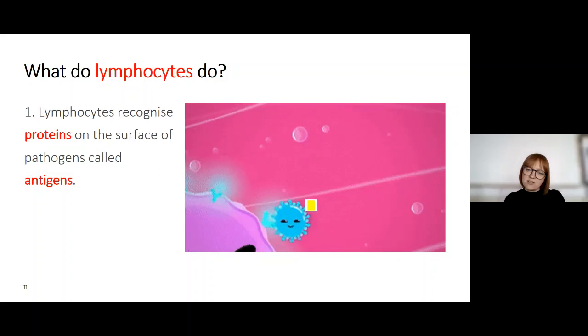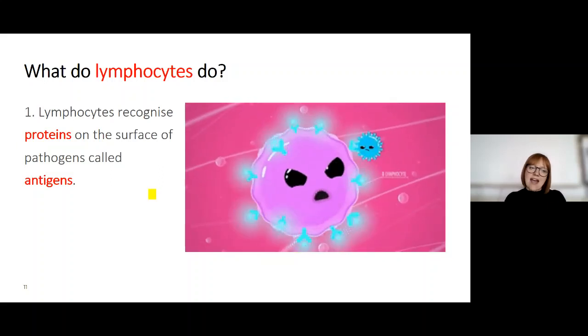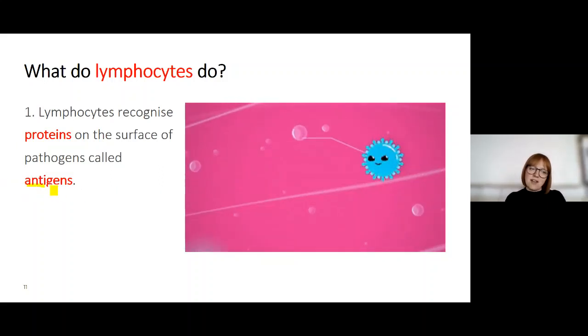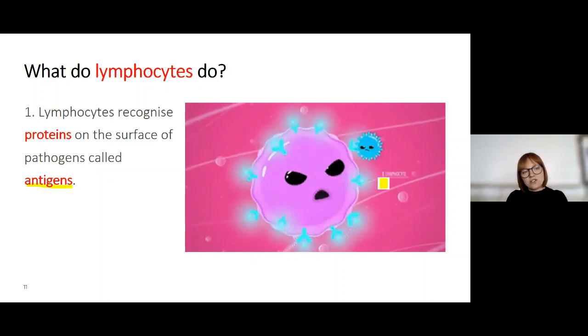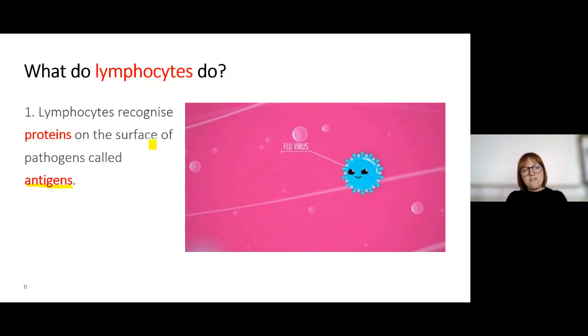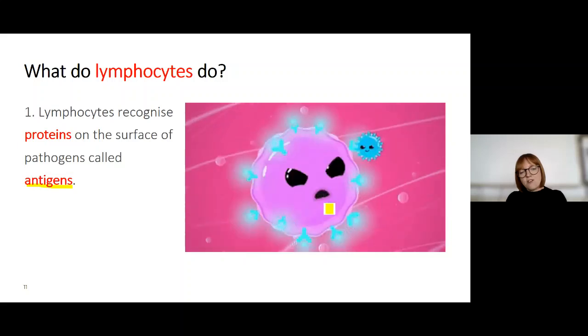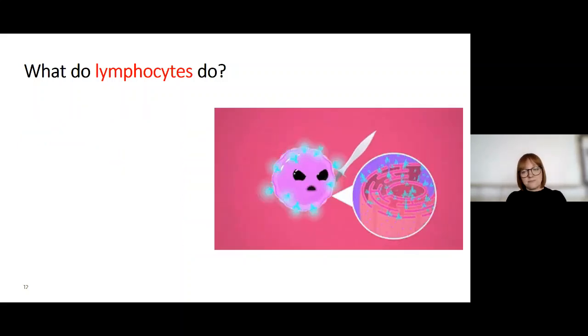These very special proteins are called antigens, and you need to know that word for the exam. Each pathogen, whether it be a virus or a bacteria, has distinct shaped antigens on the surface. So lymphocytes come along and recognize a particular shape of a protein on the surface of the pathogen, and we call those antigens.